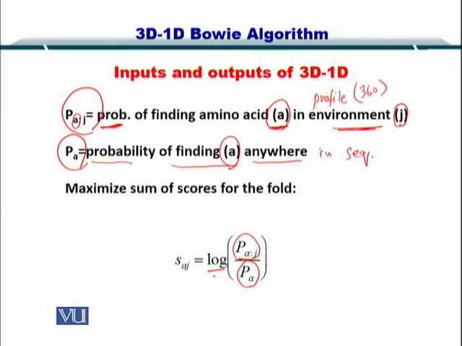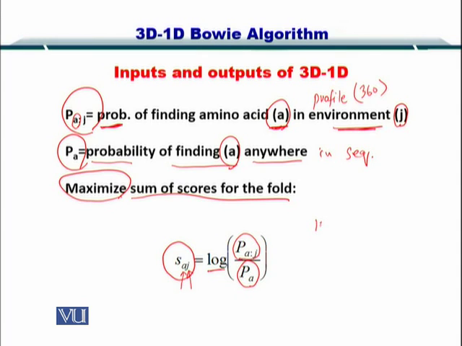So if you take a log of this, you will have a score for amino acid A in a given profile or environment J. All you have to do is to maximize the sum of these scores for the fold. So in the fold, there will obviously be multiple amino acids.